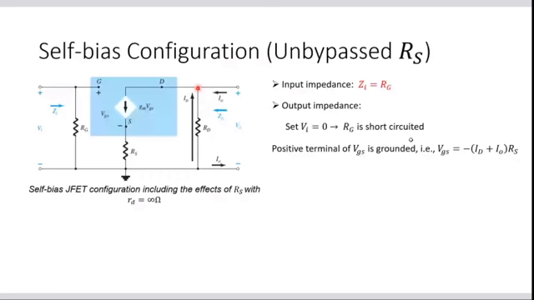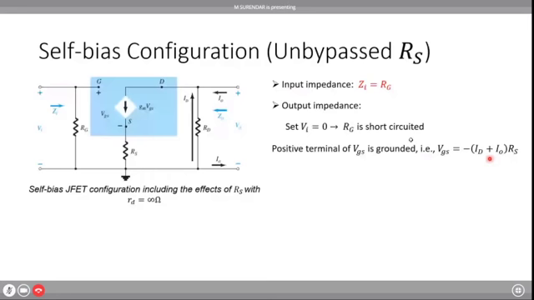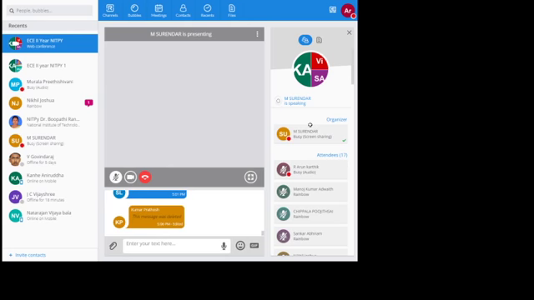The outgoing current is gm into VGS, and the incoming current is ID plus I naught.